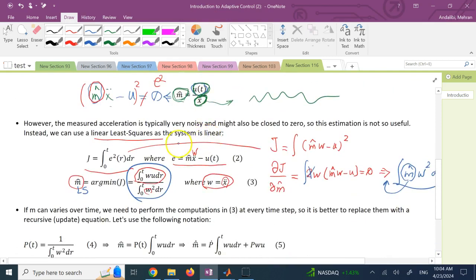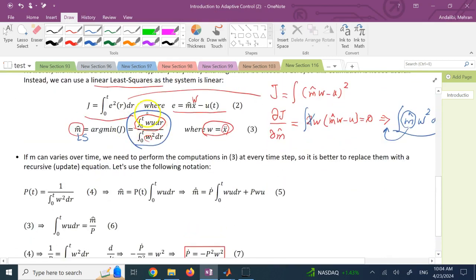So if that's the case, then these integrals in numerator and denominator have to be done in every time step, and using that you have to what? Keep updating your m hats by calculating numerator and denominator integrals.